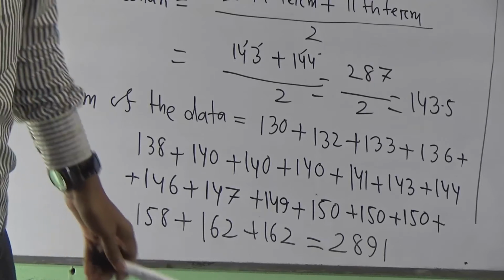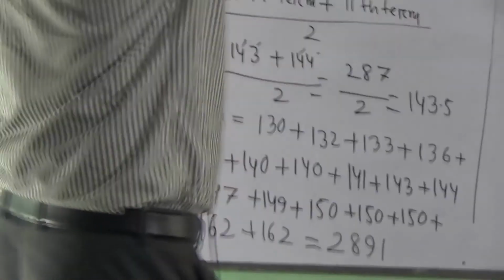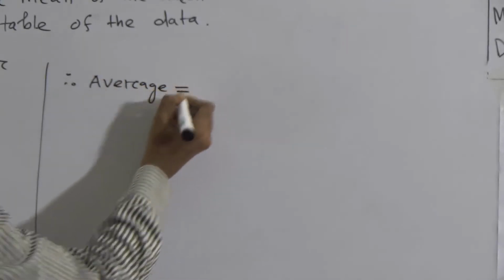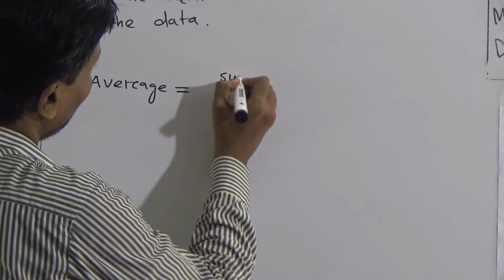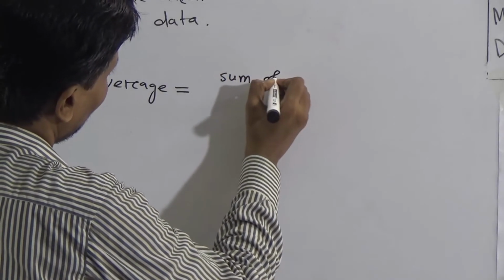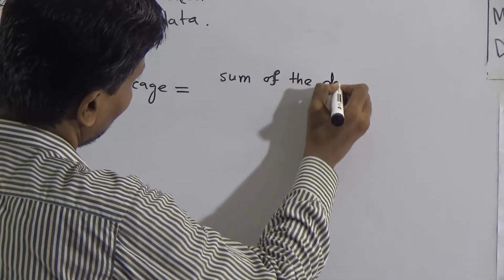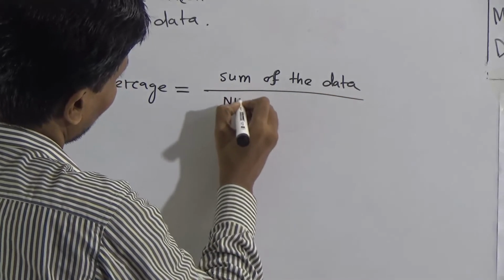Okay, now I will determine the average. Therefore average equals sum of the data divided by number of data.